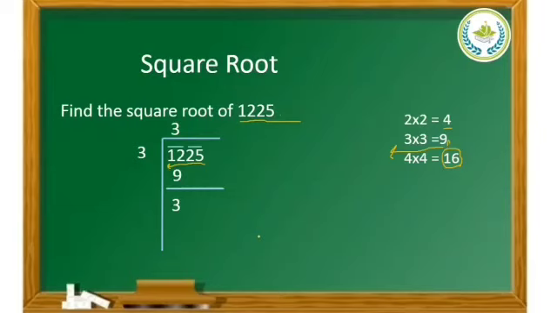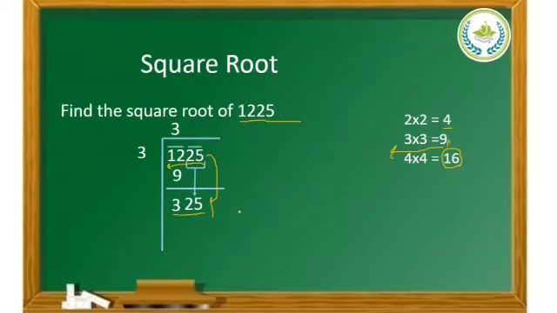Now, I have the second pair which is 25, and I will take the whole pair down with the 3 and my number will become 325. Remember, in square root, we will take down the whole pair of the number, not a single number.